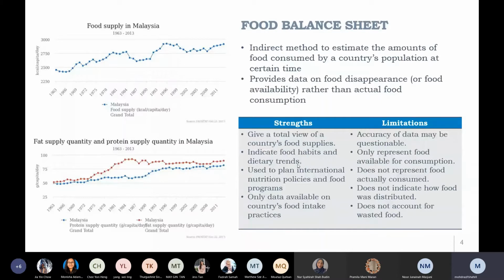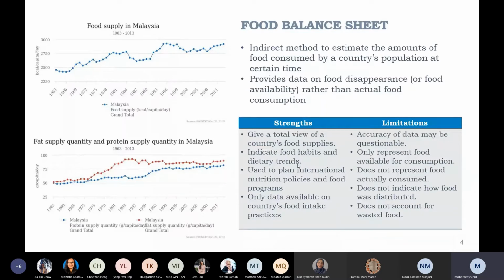We only have one type of technique in dietary assessment at the population level, which we call the food balance sheet. Food balance sheets can be seen or downloaded from the FAOSTAT website, the Food and Agriculture Organization website.